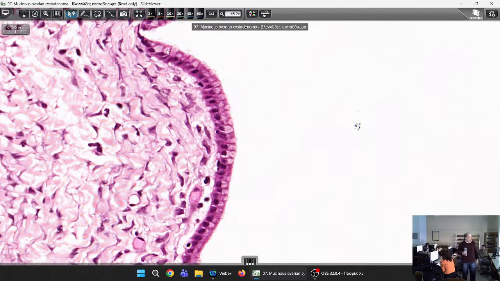Both have totally benign counterparts called serous cystadenoma, because they are cystic, and mucinous cystadenoma, borderline lesions with some papillae and some complex architecture, which has to do with a potential to invasion and malignancy, and frankly invasive serous carcinomas, cystadenocarcinomas of low grade or high grade, and mucinous adenocarcinomas.